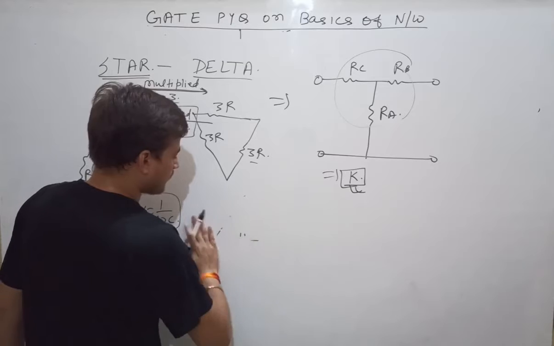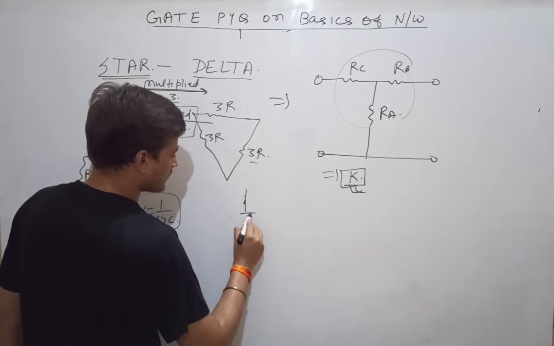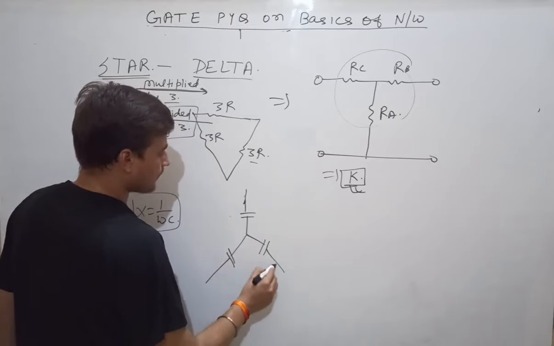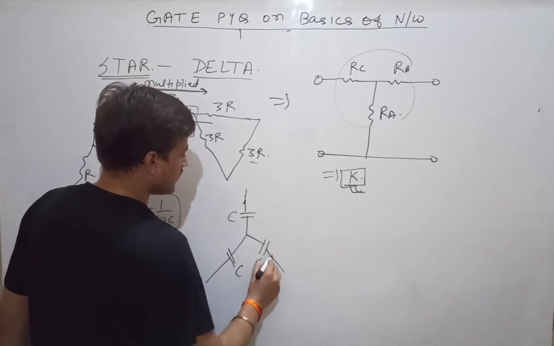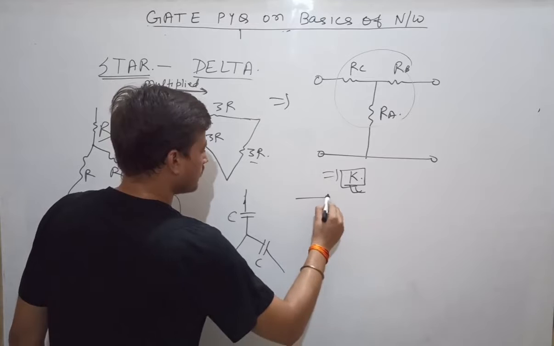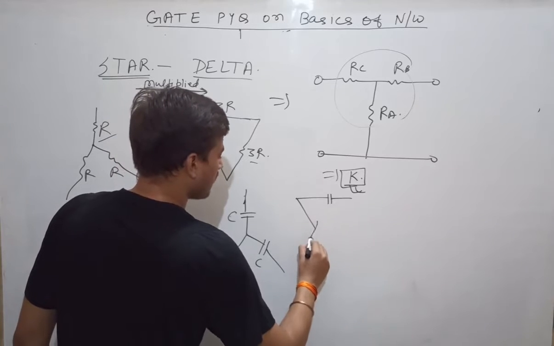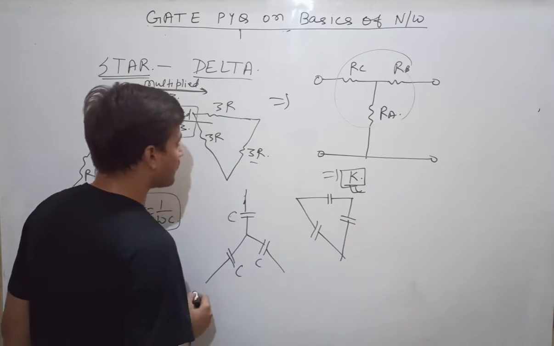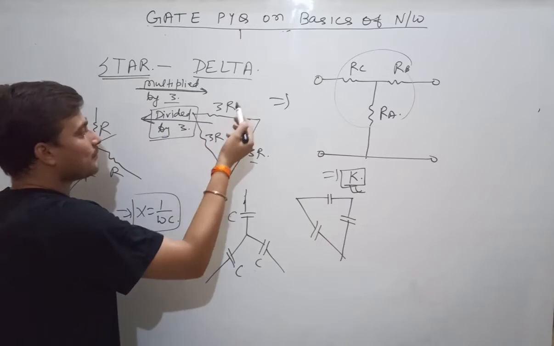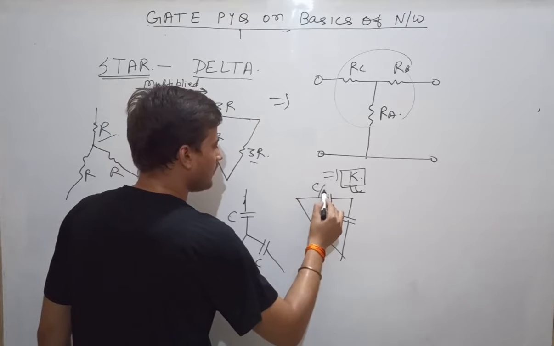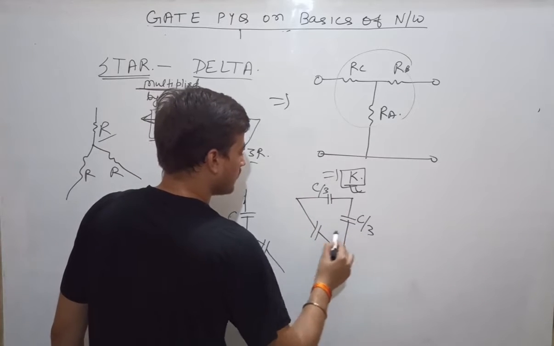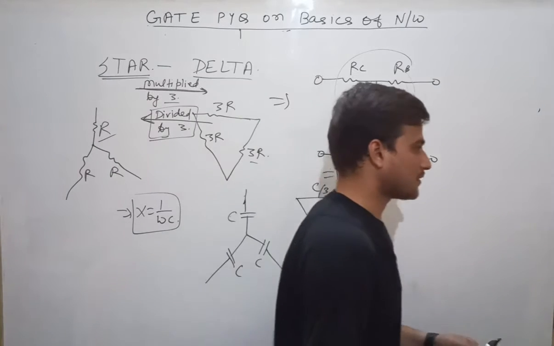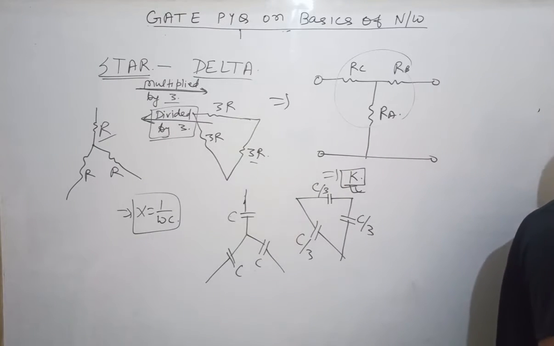When you convert them into delta, resistance is multiplied by 3, so capacitances will be divided by 3.